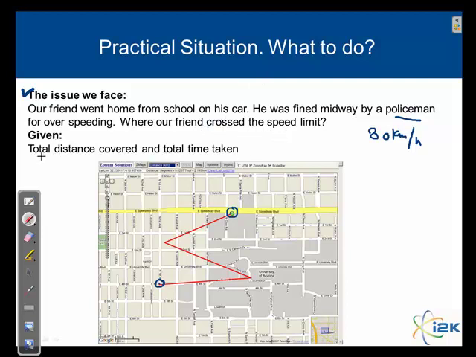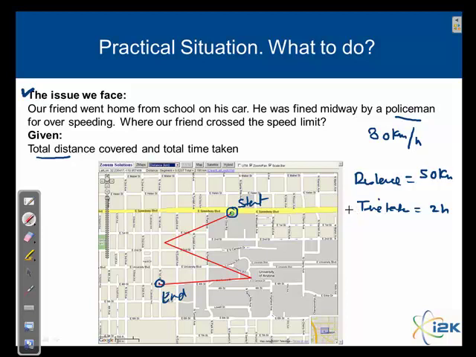What you observe is that you are given total distance covered and total time taken. Suppose from the starting point to the end point, the distance is say 50 km and the total time that he took is 2 hours.